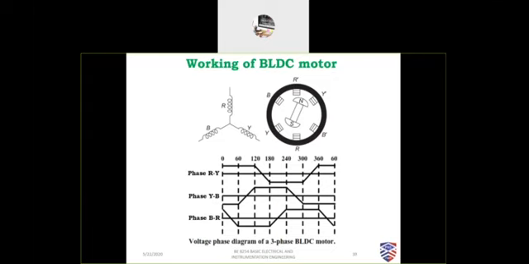So Y and B will be energized with these voltages. So depending upon the position of the rotor, the voltage will be decided. So now the stator is between R and Y. Next you have to start from Y to B. Then Y will be given voltage like this and B will be given voltage like this. Then it starts moving.